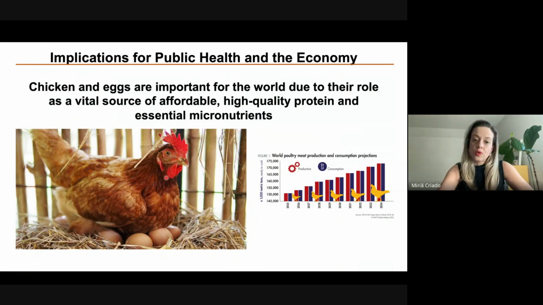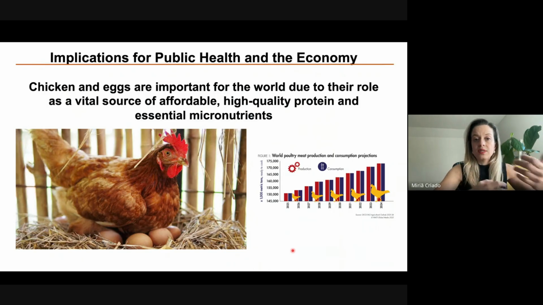It's a vital source of protein around the world, chickens and eggs. And according to this graph of world poultry meat production and consumption, we have been seeing that poultry and egg consumption is not only really high in 2025, but it is still expected to increase across the years ahead.